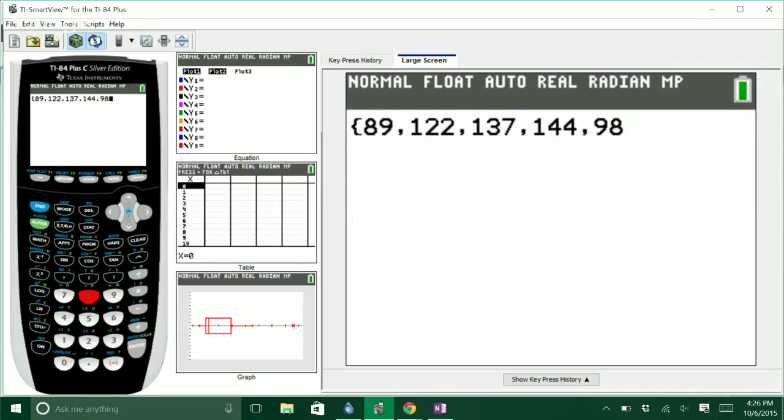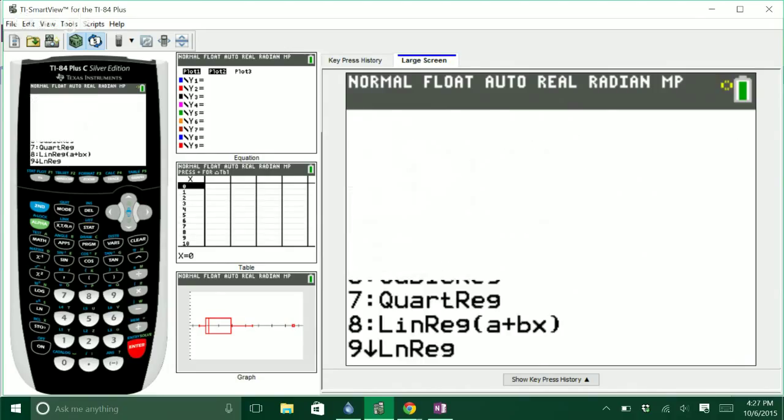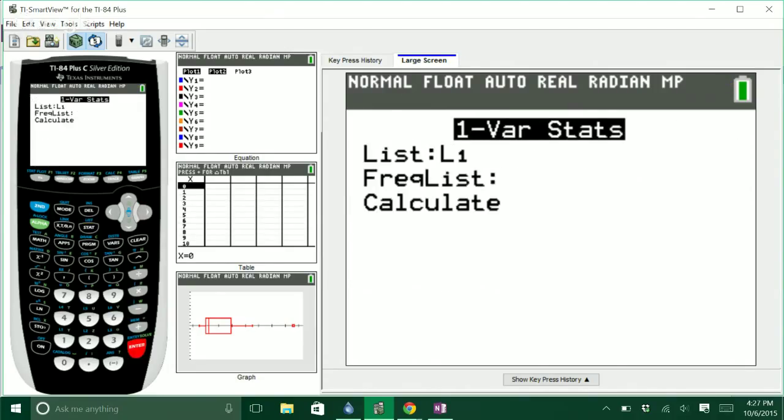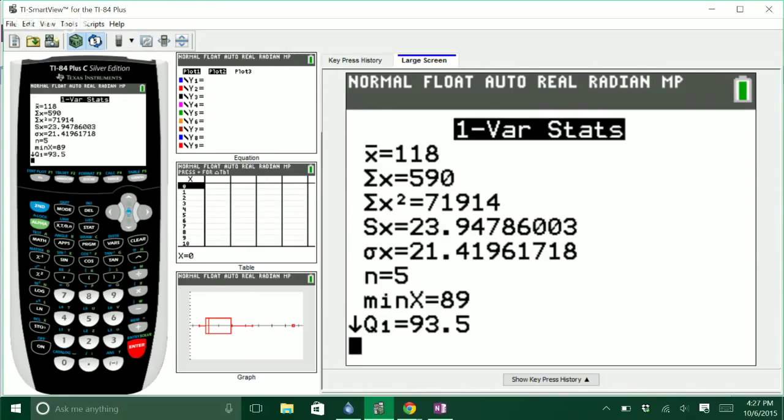Thanks for coming last, 98. We have to put that in L1, right? Or you could just add them and divide by 5. Not much easier to do it this way. There we go, 118.